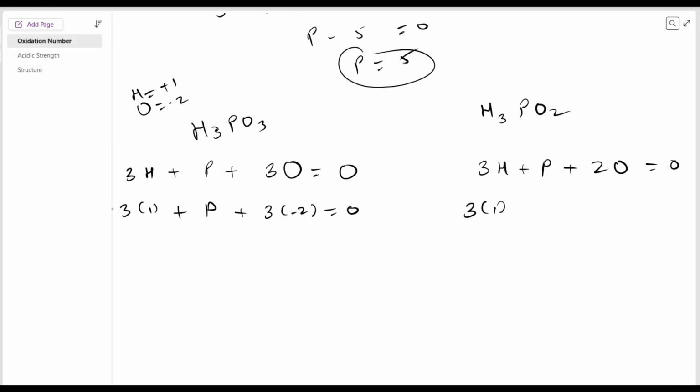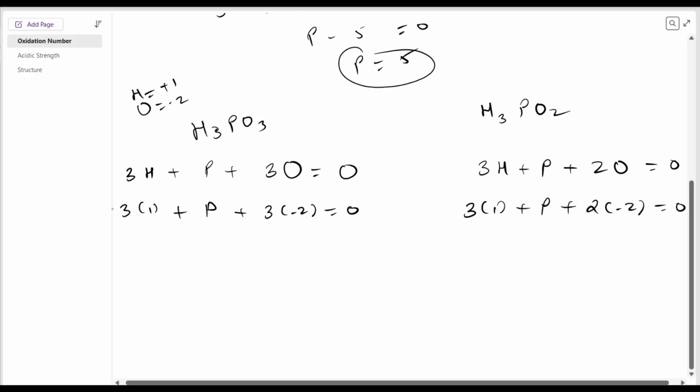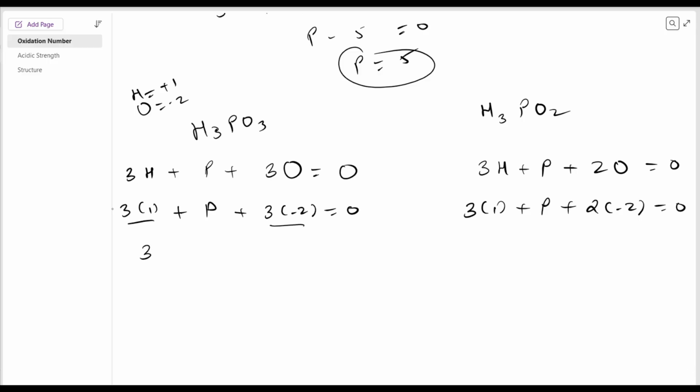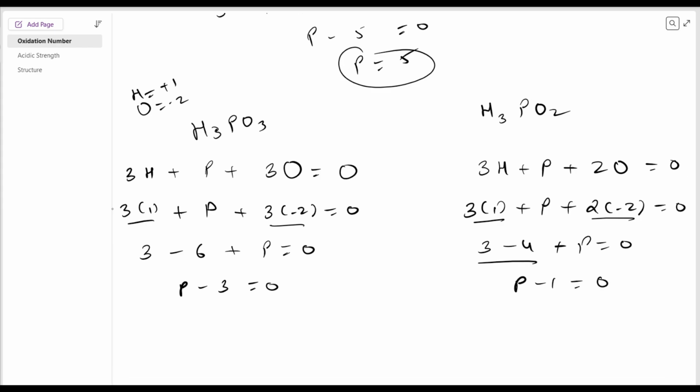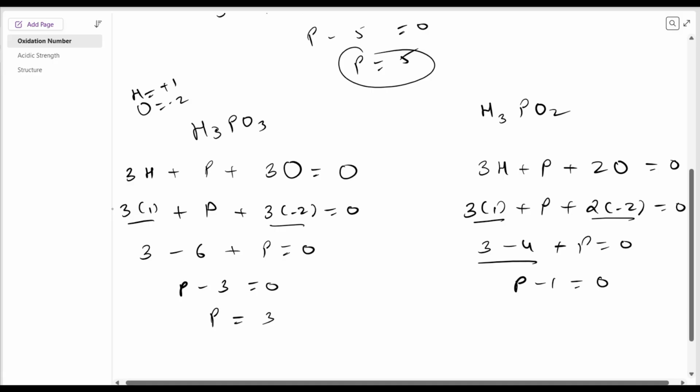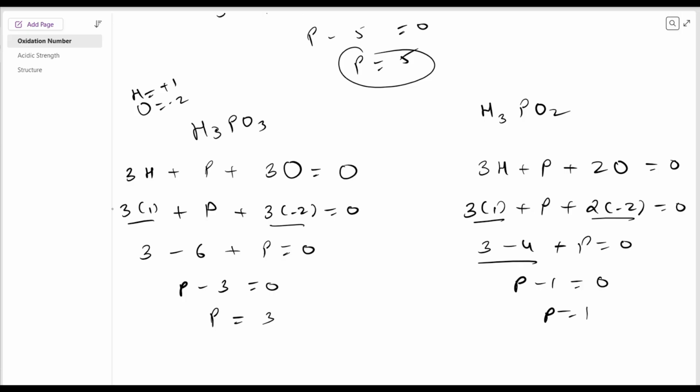Same way here, 3 into 1 plus phosphorus plus 2 into -2 is equal to 0. So 3 minus 6 plus p is equal to 0, and 3 minus 4 plus p is equal to 0. So p minus 3 is equal to 0, and p minus 1 is equal to 0. We got the oxidation number p is equal to 3 and p is equal to 1.